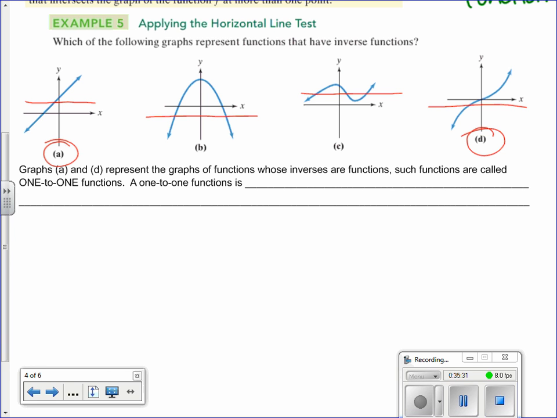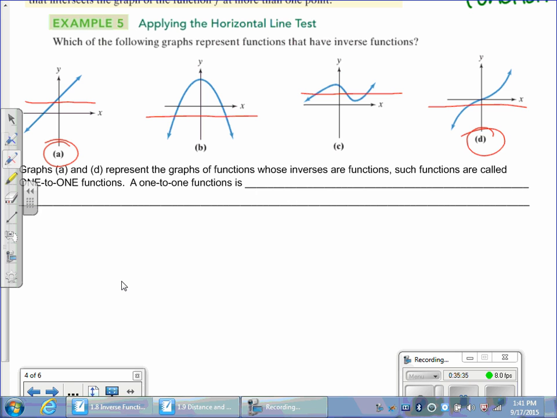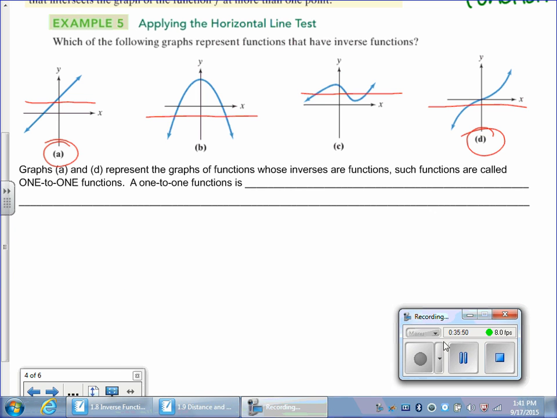Okay, so let's write a little statement here. So we have graphs. Oh, and the answer was there. Great. All right, so we're going to write the following.